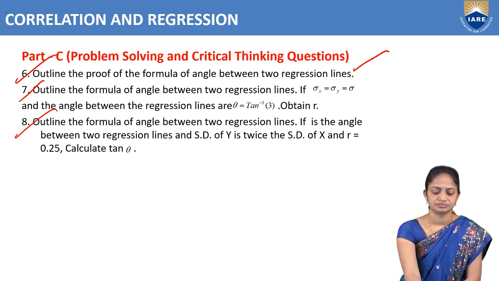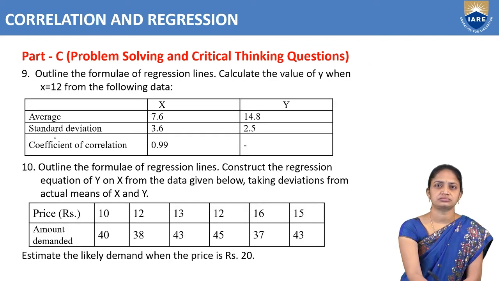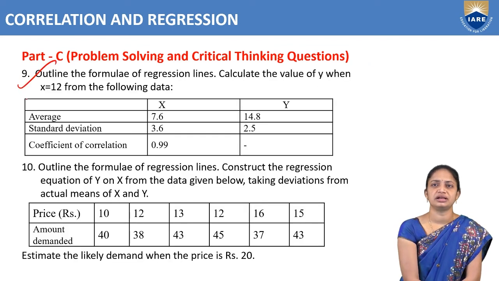Outline the formula of the angle between the 2 regression lines. If the angle between 2 regression lines, and the standard deviation of y is twice the standard deviation of x, here also the same, we have to use the angle between 2 regression lines. Then find tan theta. This problem we have already discussed in part B.